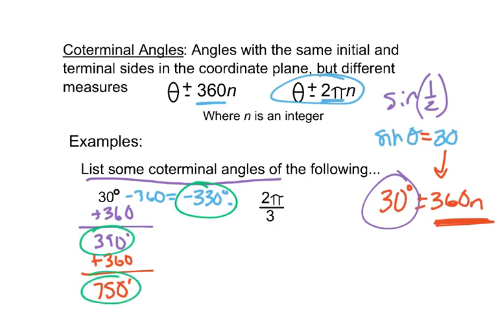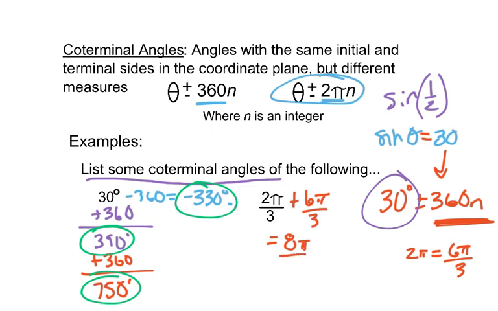Then we have 2 pi over 3. And so to 2 pi over 3, we could add 2 pi. The problem with adding 2 pi is that we don't have a common denominator. So instead, 2 pi is equal to 6 pi over 3, and so then we'll actually have a common denominator. So we're going to add 6 pi over 3 because then it has that common denominator, and so one other option is going to be 8 pi over 3.